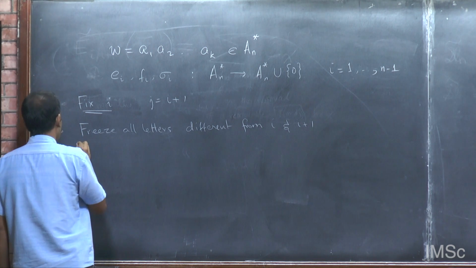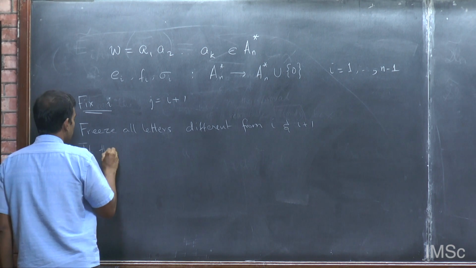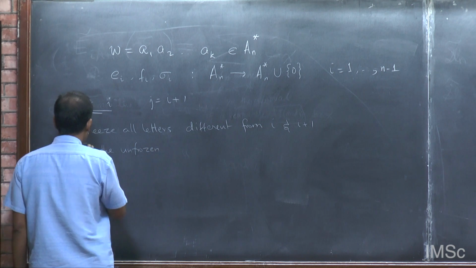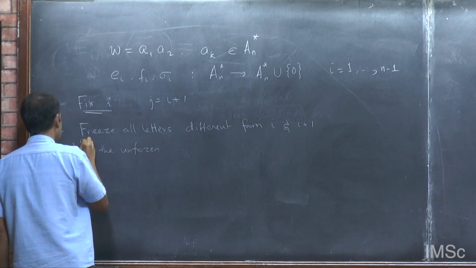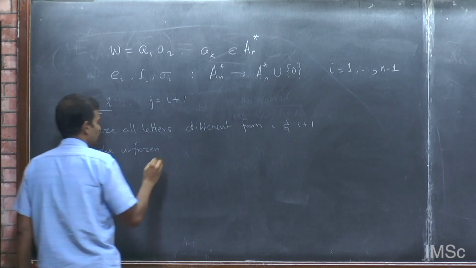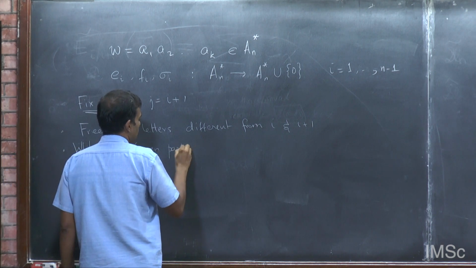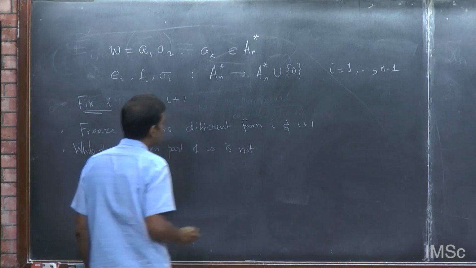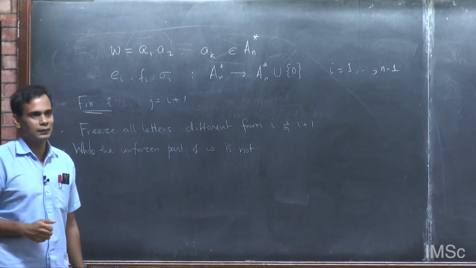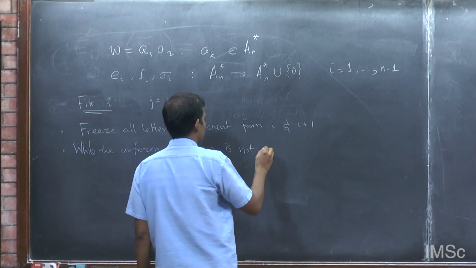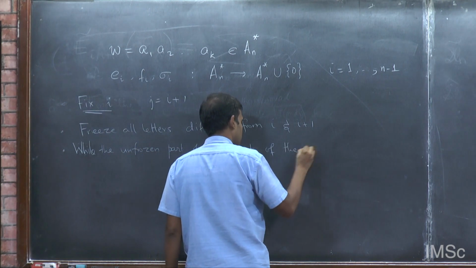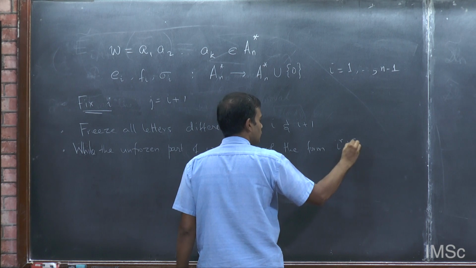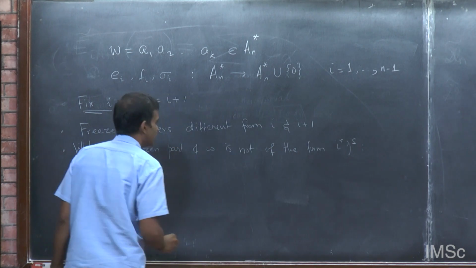So, while the unfrozen part of w is not of the form i^r j^s, this unfrozen part now is going to have only i's and i plus 1's. You do the following steps.